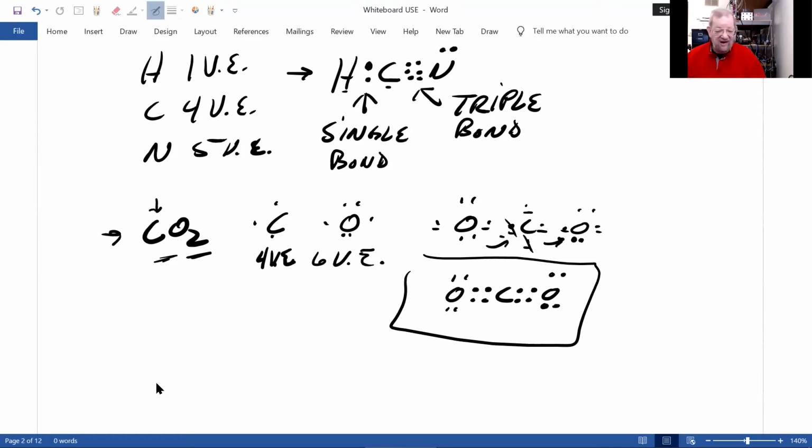Now, I could ask on a test, what type of covalent chemical bonds are in CO2? After I asked you to do this, and you would say, ooh, 1, 2, they're both the same, 2 pairs of electrons being shared between the oxygen and the carbon, and that's a double bond.